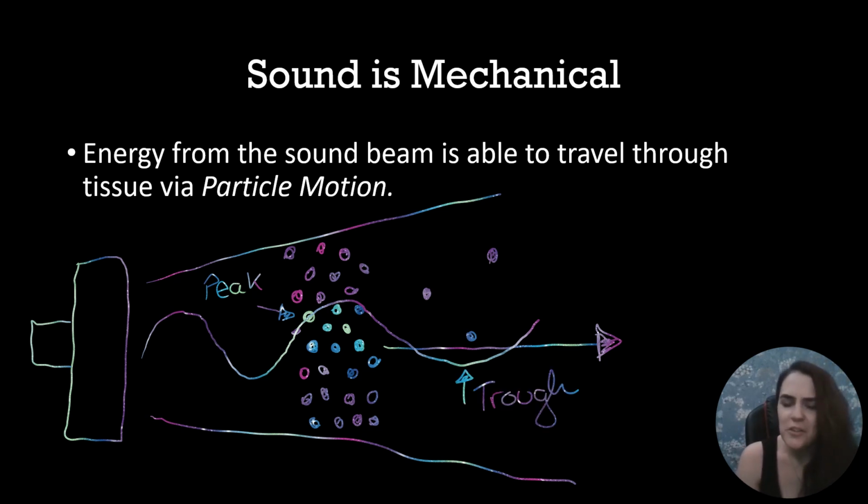Not a lot of particles within the tissue, not very dense tissue at all, it's going to cause our sound wave to form what's called a trough, T-R-O-U-G-H, okay? And this continues as we scan. The different tissues throughout the body are going to cause the sound waves to move accordingly. And the crazy thing is this all happens within microseconds.